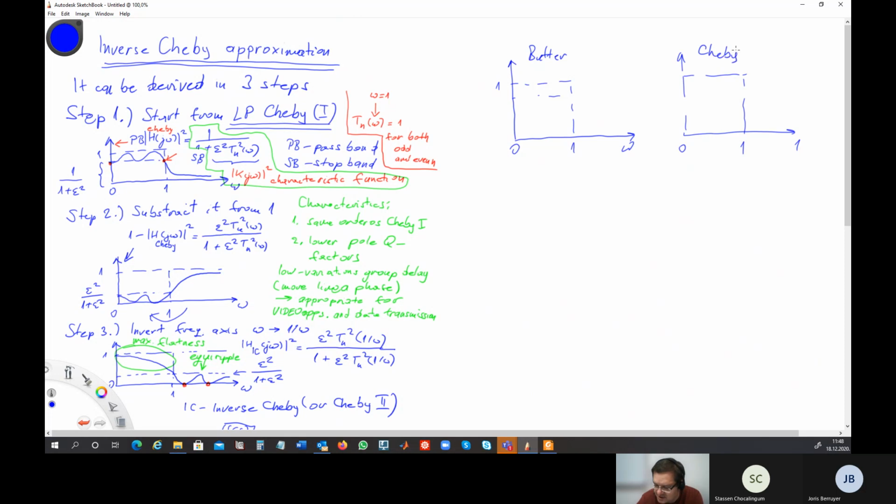This is from last lecture. So Butterworth has maximally flat characteristic in both passband and stopband. So here is maximum flat, maximum flat.